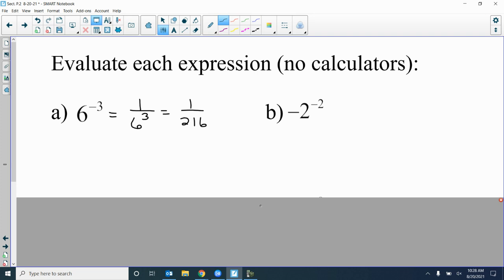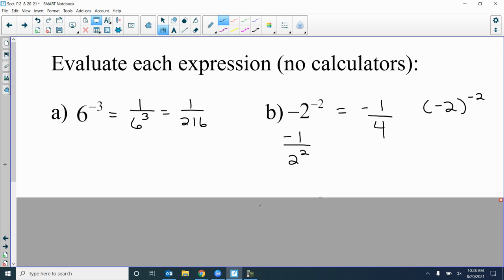Brooke, what do you think? I'm going to say negative 1 over 4. The negative is not affected; if it was in parentheses, then that negative would have to travel with the 2. Since it's not in parentheses, you would think of this as 1 over 2 squared.